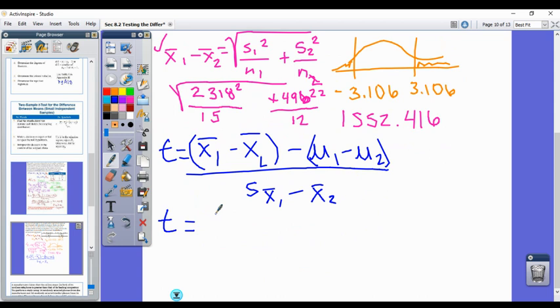We're going to do 27,136 minus 34,329, minus 0.